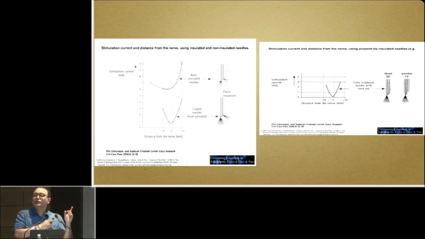So it will give some block failure and sometimes nerve injuries also. But nowadays we are using a coated needle where only the needle tip is giving the electric current. And to prevent nerve injuries, we are using a blunt 15 degree or 30 degree needle.